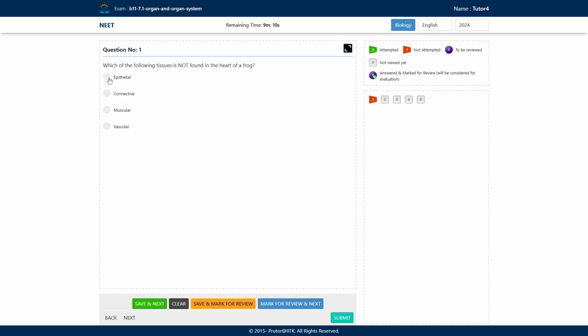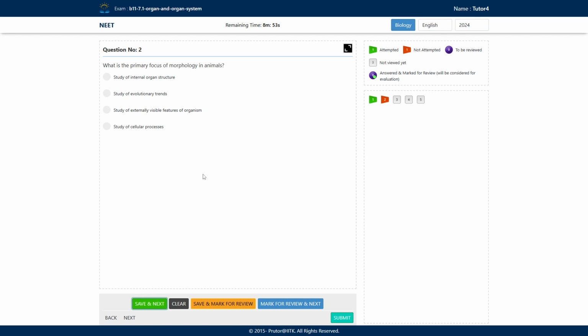Okay. So epithelial tissue is not there, right? Connective, muscular, and vascular tissues are there. Vascular tissue is actually your arteries and veins. So we will save this and move to our next question.